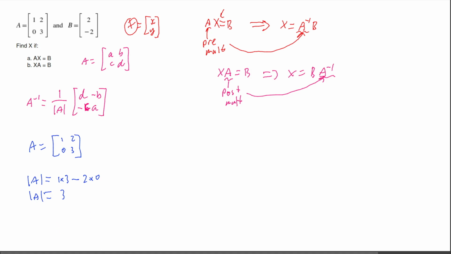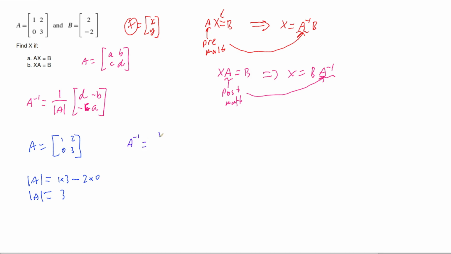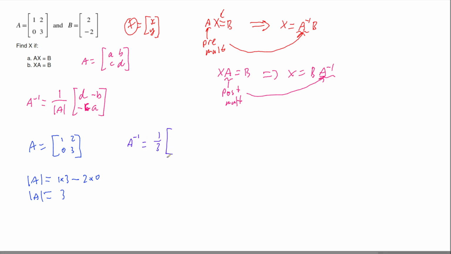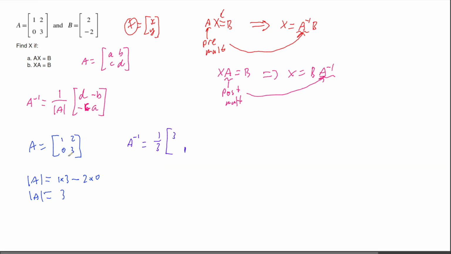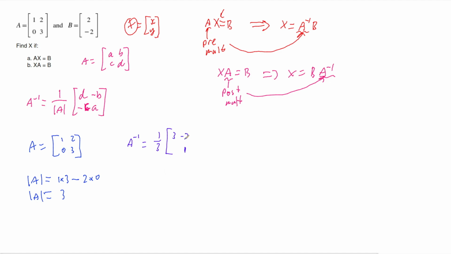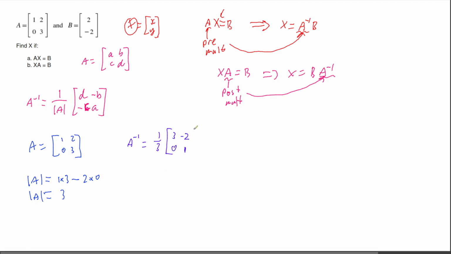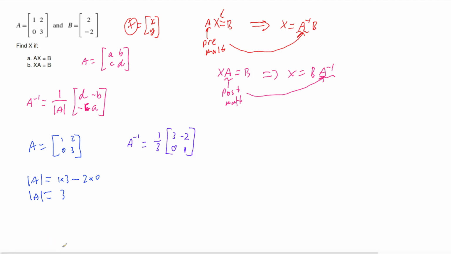Then the inverse of A is 1 on 3 multiplied by, swap the leading diagonal, so instead of 1 and 3 we have 3 and 1, and make the others negative, so negative 2 and negative 0, which is just 0. Now I have my inverse, I can go and solve my two questions.